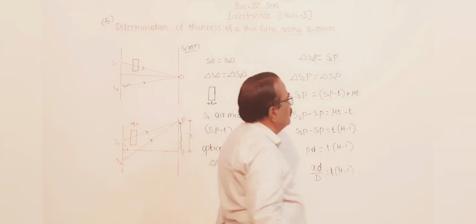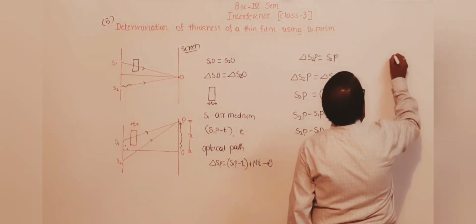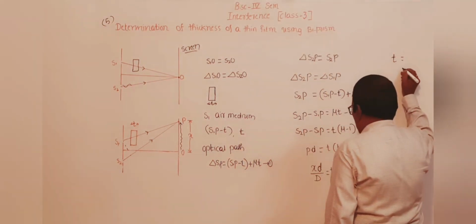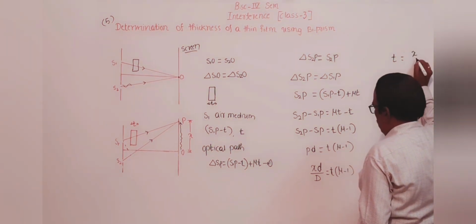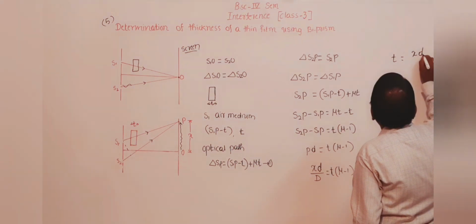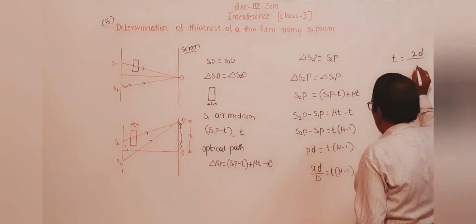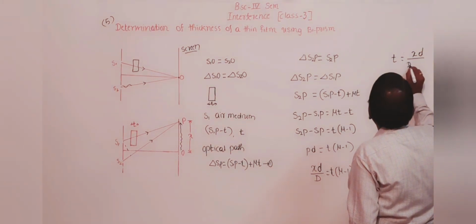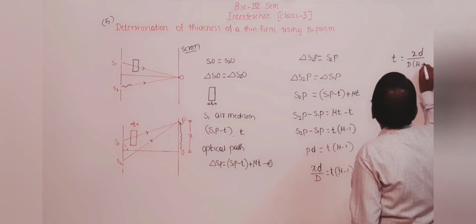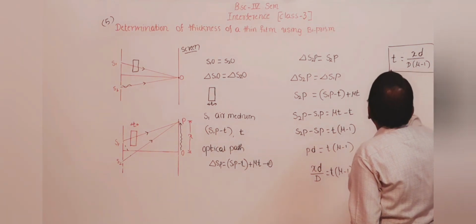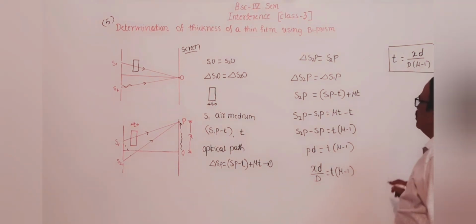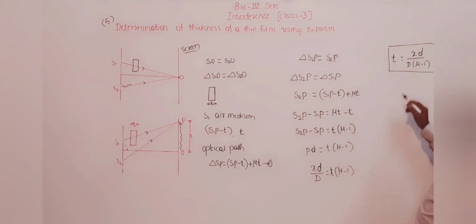So from this, T is equal to xd upon D into mu minus 1. So this is the formula from which you can determine the thickness of the glass plate.